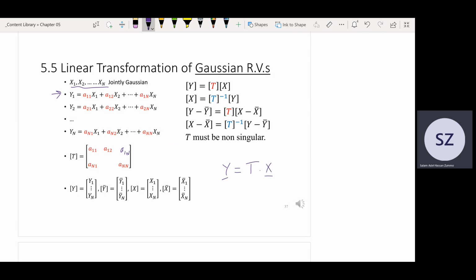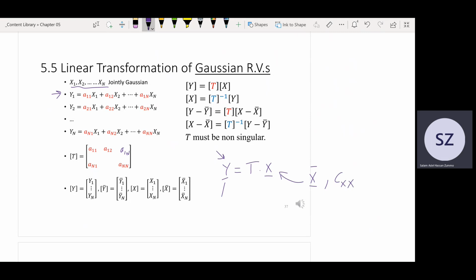Clear? A linear transformation as we did a moment ago. Then what do we know about y? What we know about x is its mean and the covariance matrix.